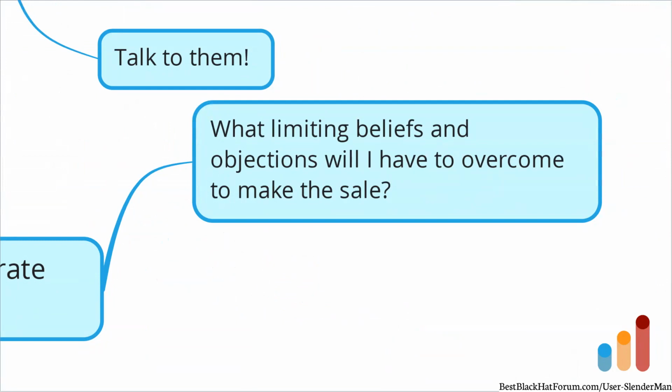This is worth spending significant time with, having a mastermind brainstorming session or a team brainstorming session around these particular topics, because the better you are able to recognize these different objections that are going to come up, the more you will be able to address them in your copy and transition into their mind state after you've overcome the limiting beliefs, after you've helped them work through the objections, such that they're then able to respond. So what limiting beliefs and objections will I have to overcome to make the sale?